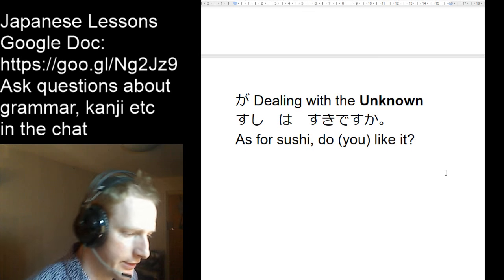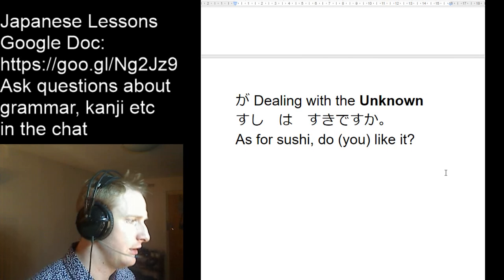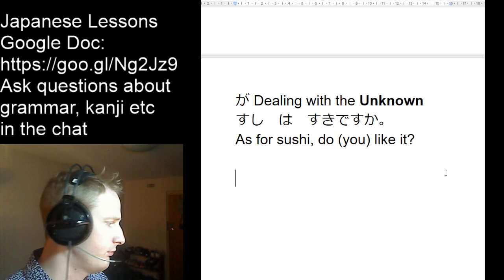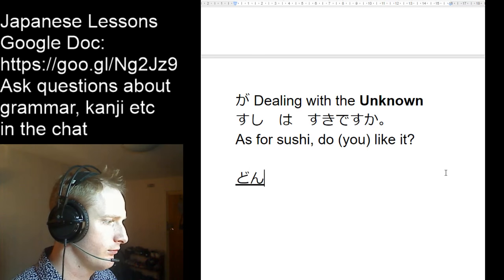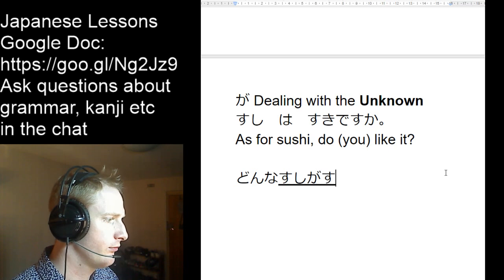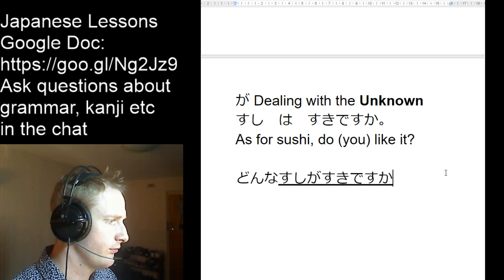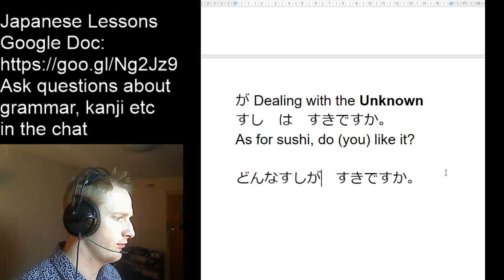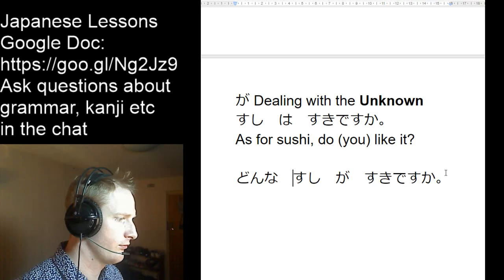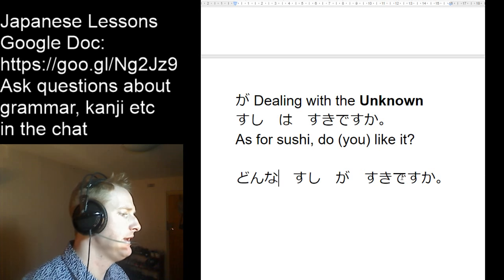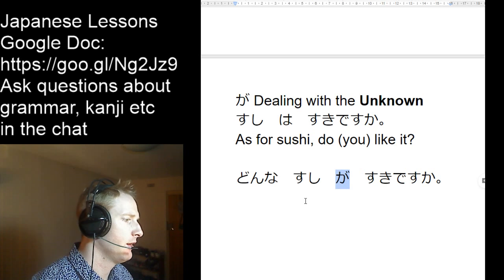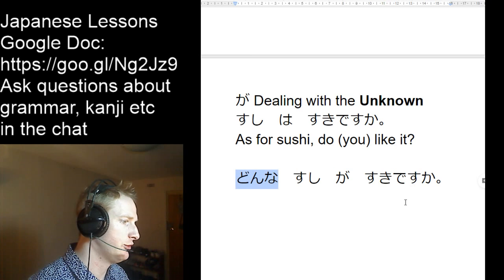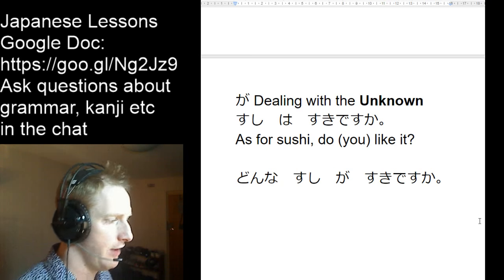So we can say, for example, okay, here we can't really use wa anymore because we've added this word donna, which means what kind of.